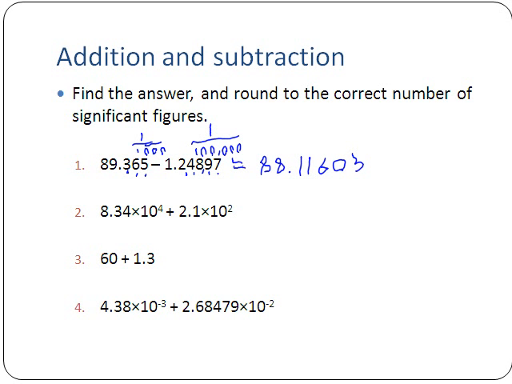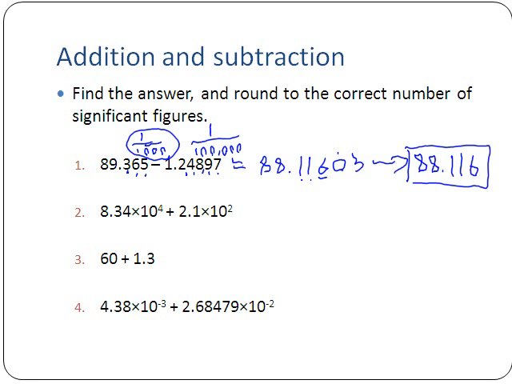Which one is going to be less precise? Well, the less precise one is going to be the thousandths place. So we're going to round our answer to the thousandths place. So we have tenths, hundredths, thousandths. So we'll round it to there. The zero that goes afterwards is going to round down. So our rounded version here, correct number of significant figures, is going to be 88.116. That will be our final result there.